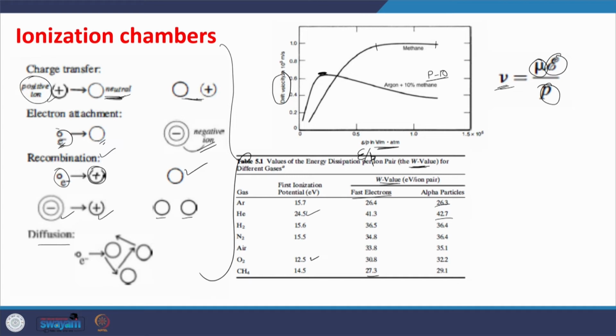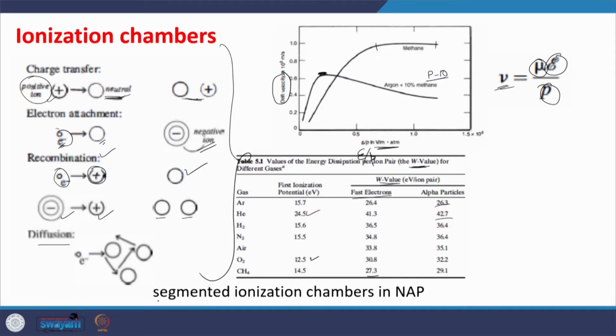So, if you know the W value, you can find out the number of charge carriers produced for a fixed incident energy, and that helps us in getting the information of pulse height. Okay. As I said, in nuclear astrophysics, as part of advanced instrumentation, people are using segmented ionization chambers, and in this slide I have discussed the salient features of the basic ionization chamber.